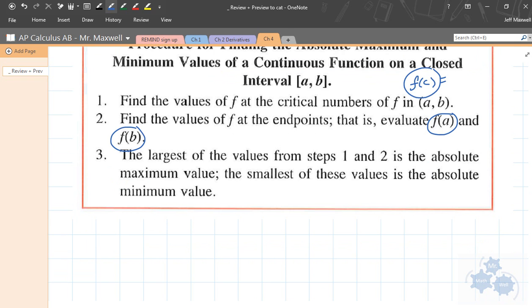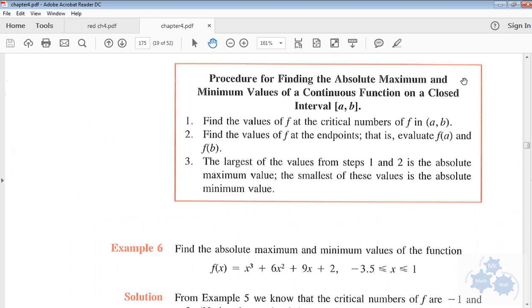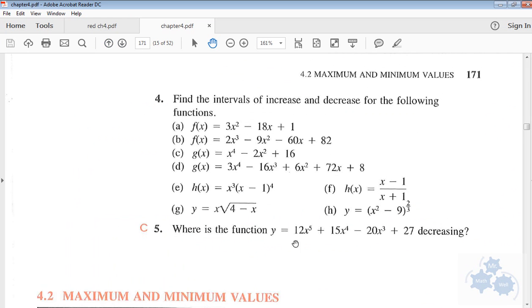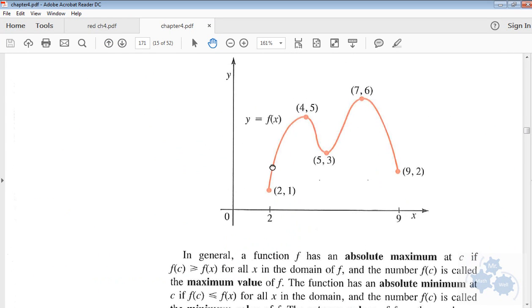So I would like to take you back to the very first page, right here. If we look back at this function now, the x value 4 is a critical number. And 5 is also a critical number. And 7 is a critical number. So 4, 5, and 7 are the critical numbers for this function in this interval.